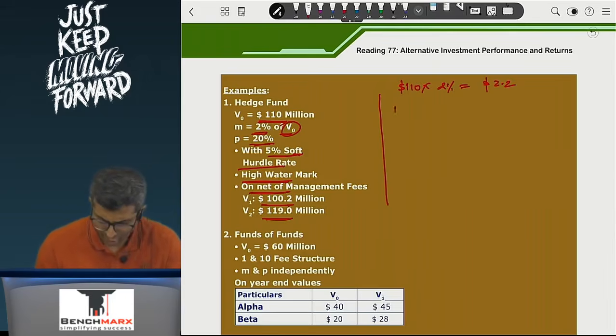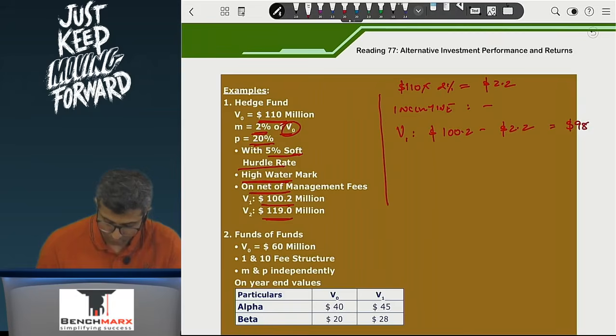There will be no incentive fee because over here you are making a loss, which means V1 would be 100.2 minus 2.2, and as a result your V1, I believe, would be around 98.